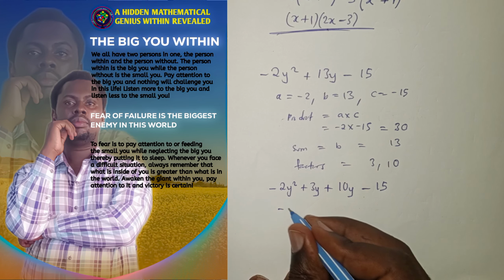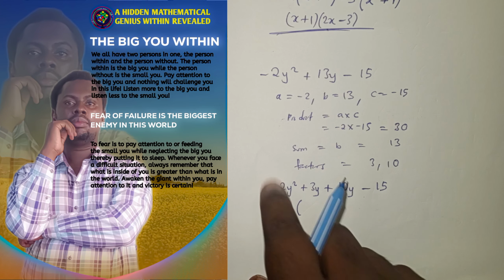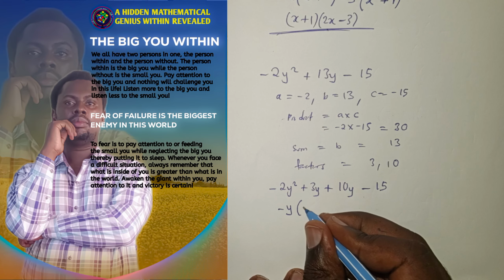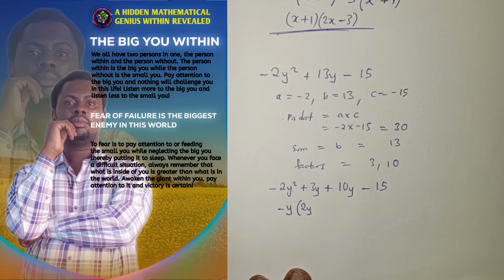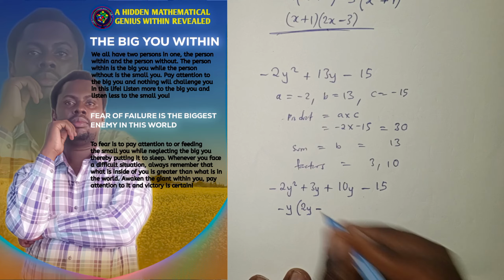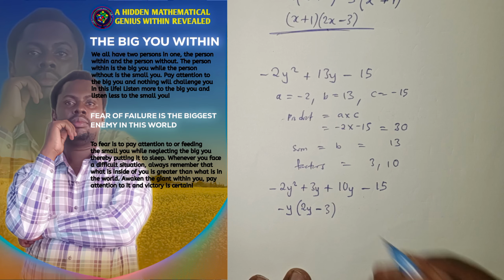Okay, now since we have a negative in front, we can start with the negative. We can say negative y is common, so negative divided by negative is positive, and y in y squared will remain with y. So we are going to have 2y. Negative divided by negative is negative, so there we are going to have minus 3y divided by y will remain with 3.